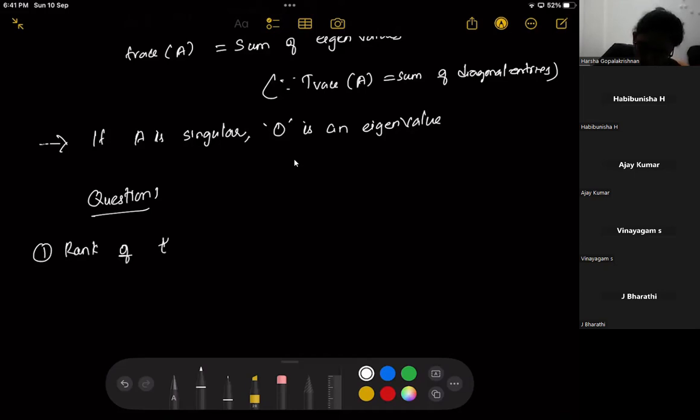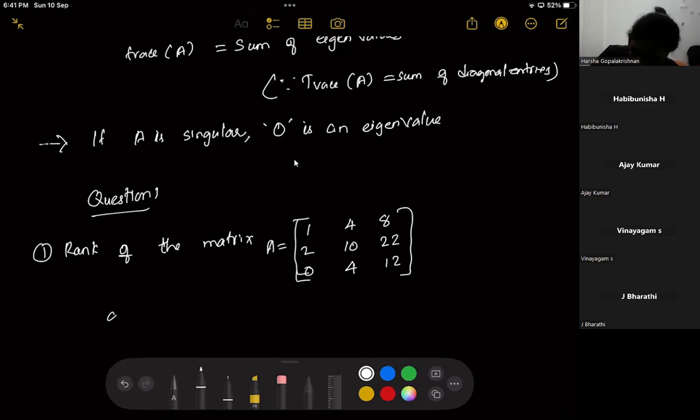The question is to find the rank of the given matrix, say it is A. It is given as 1, 4, 8, 2, 10, 22, 0, 4, 12. The options are 1, 2, 3, and none of these.